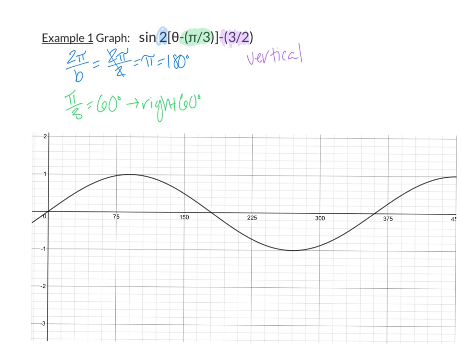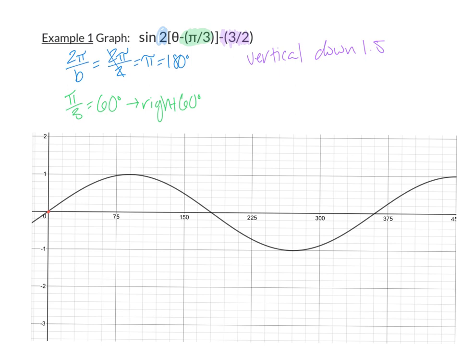That means I'm going to be going down 1.5. So instead of starting at 0, it would be down to 1.5. So to kind of start this off, I'm going to deal with my period changing. So instead of the period being 360 degrees, it's going to be 180. So to do that, I'm going to, again, still be starting at 0, but then everything is going to be squished down.